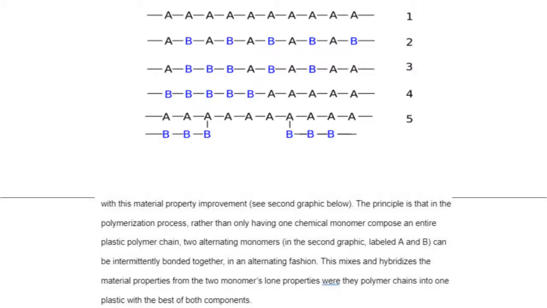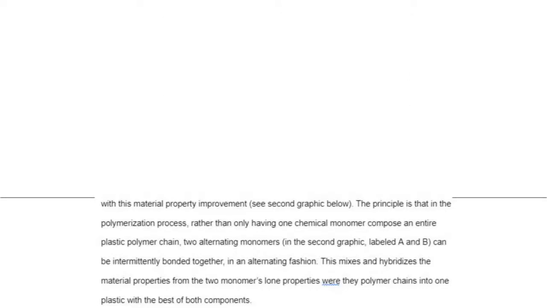The principle is that in the polymerization process, rather than only having one chemical monomer compose an entire plastic polymer chain, 2 alternating monomers can be intermittently bonded together in an alternating fashion. This mixes and hybridizes the material properties from the two monomers' lone properties, were they polymer chains, into one plastic with the best of both components.